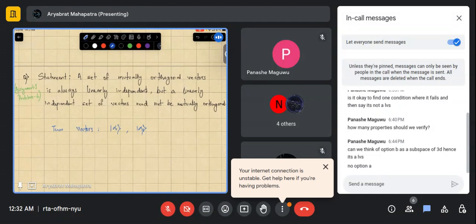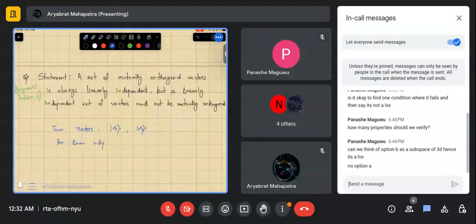For linear independence, A1 alpha 1 plus A2 alpha 2 is 0, and that implies A1 equals A2 equals 0.